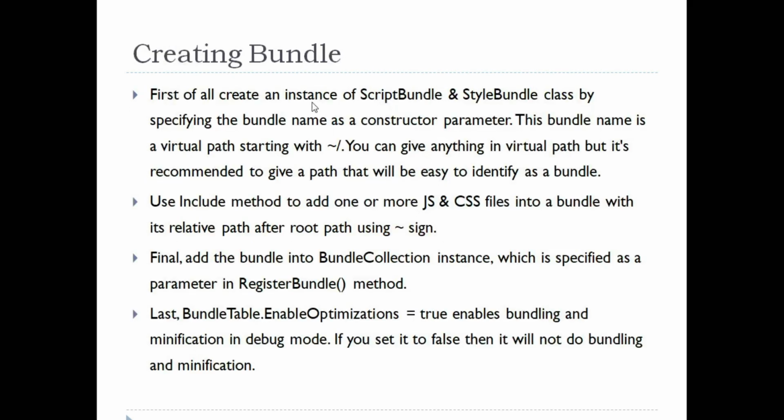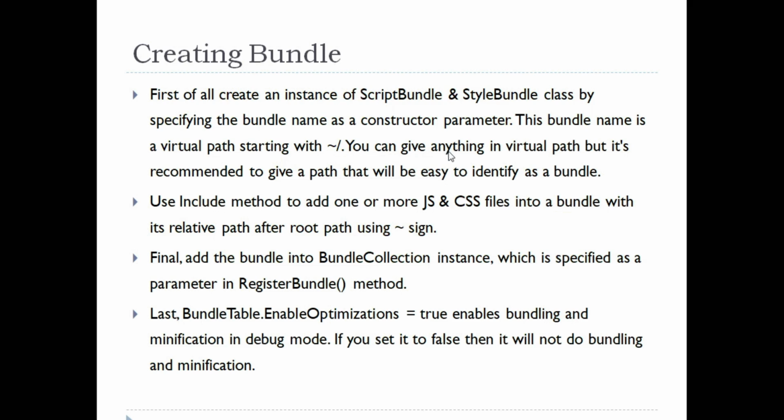So for creating a bundle, first thing you have to do is to create an instance of your ScriptBundle and StyleBundle class. Okay, and while creating an instance you have to use its constructor, and to that constructor you have to pass the name of the bundle. Now this name is actually a virtual path that starts with a tilde sign and slash.